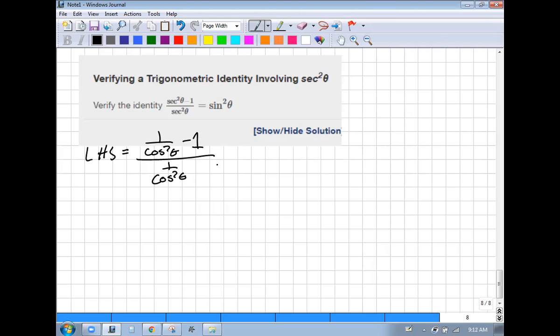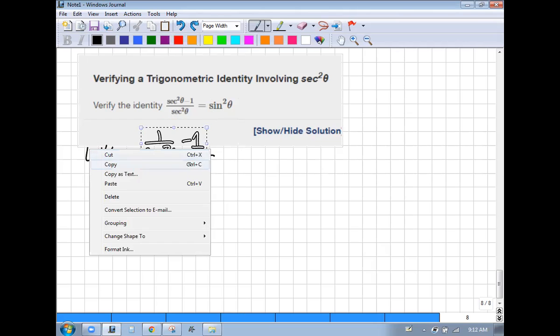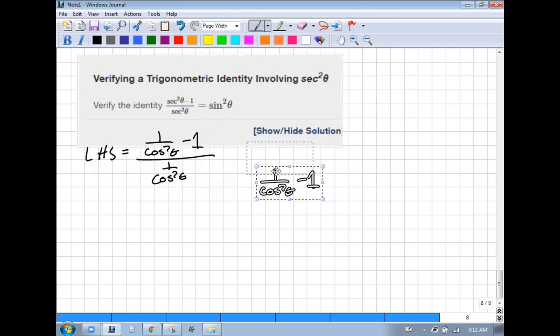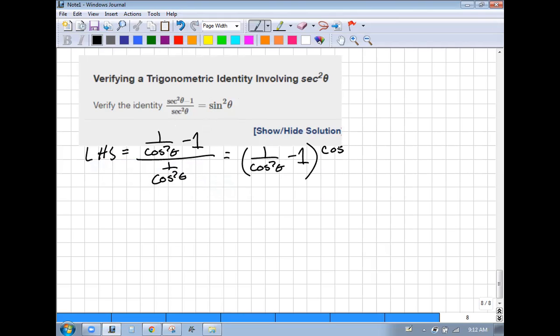Let's see. If we did this, I would be like, well, this isn't a fraction at all. Over here, we have fractions over fractions. If I want to make this look more like that, instead of dividing by 1 over cosine squared, I'll multiply by the reciprocal. So this would be the same as multiplying by cosine squared. If I distribute this, I get cosine squared over cosine squared, and then minus cosine squared.